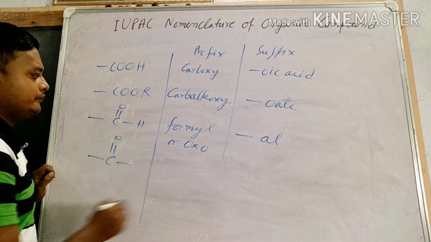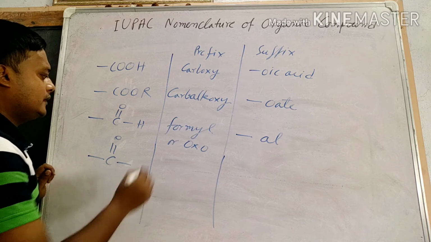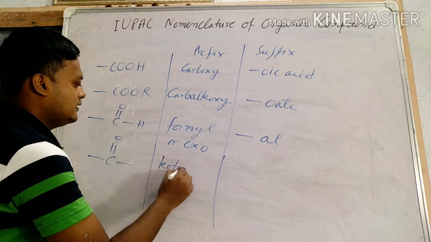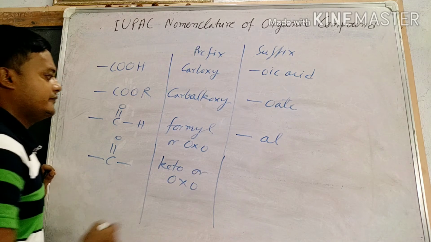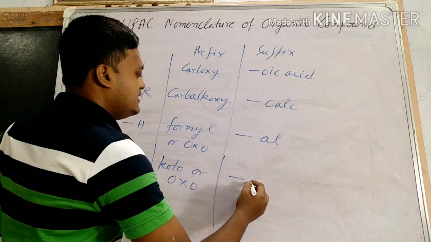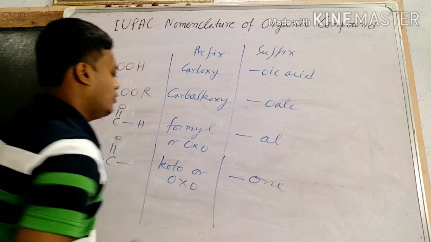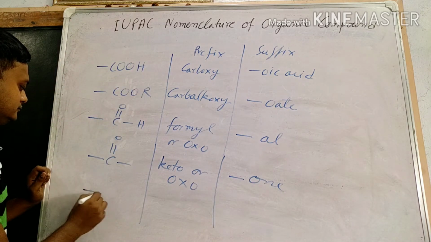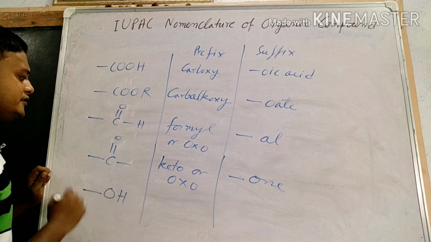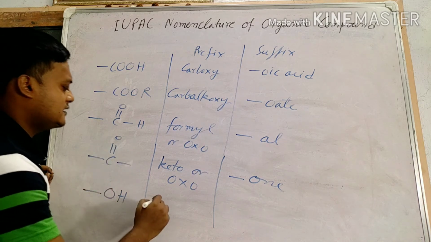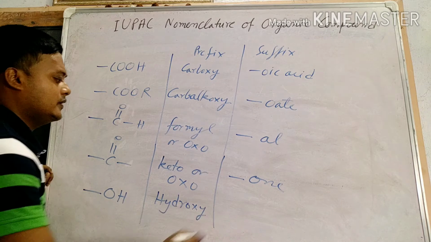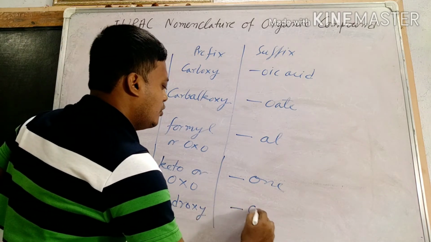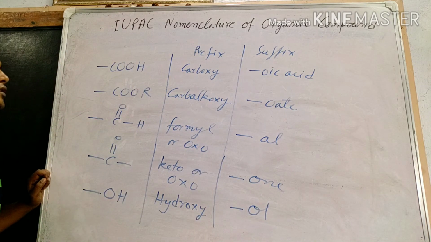Ketone group: keto or oxo as a prefix, and as a suffix, one. Hydroxyl group: as a prefix, hydroxy, and as a suffix, ol.